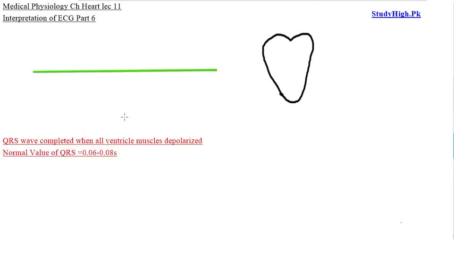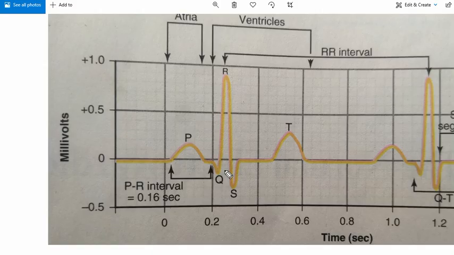And the second important concept that you must know about our ventricle is that the normal value of QRS is 0.06 to 0.08 second. And I have explained what the normal voltage values are for the P wave, QRS and T wave in the first lecture of interpretation of ECG. This is a normal electrocardiogram and this is the QRS wave.